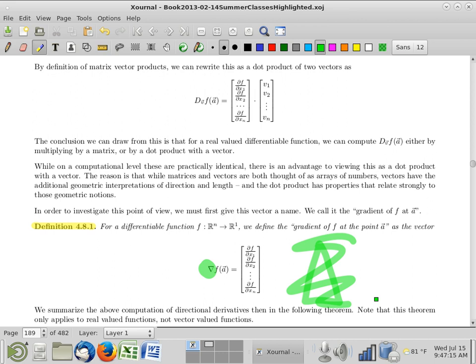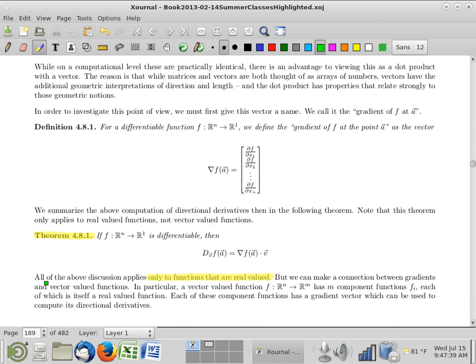In fact, this is a different mathematical thing. This symbol written like that means something different. So it's written like that, and it's a way of representing the gradient. I'm going to say a few other things about that symbol when we get to Chapter 6.